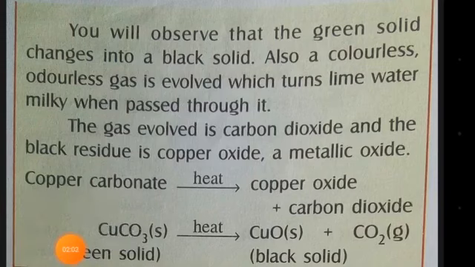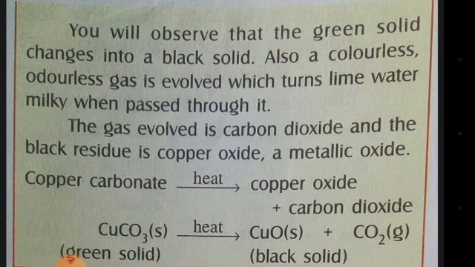So as I said, what you will observe is that the green solid changes into a black solid. That means change in color is a characteristic of a chemical reaction. Also, a colorless, odorless gas is evolved, and if you pass this gas through lime water, then the colorless lime water turns milky.